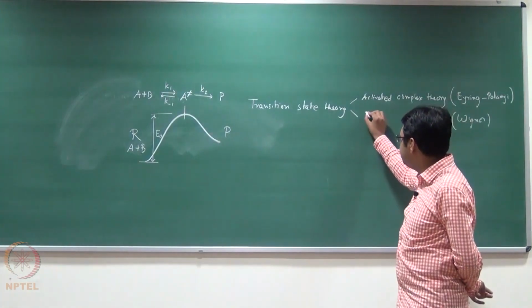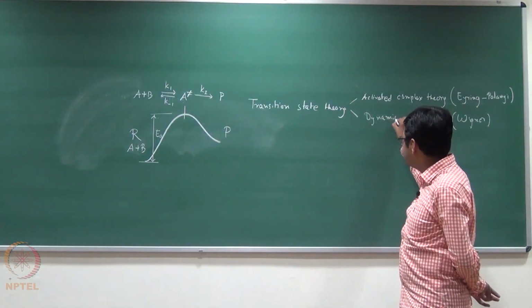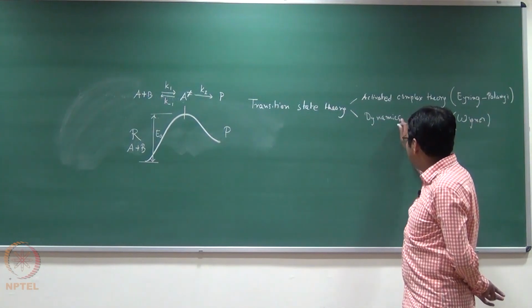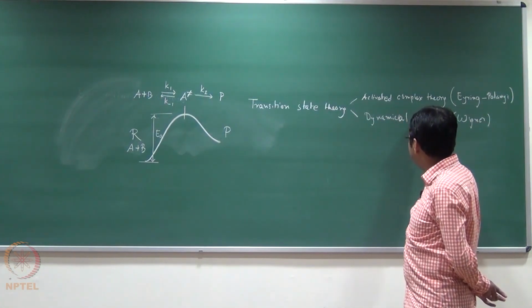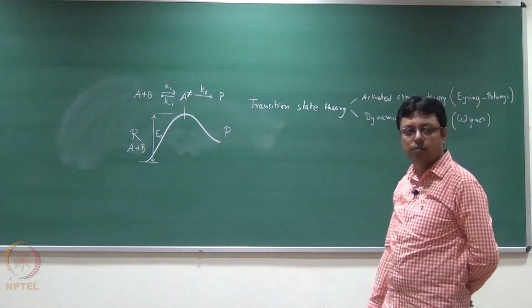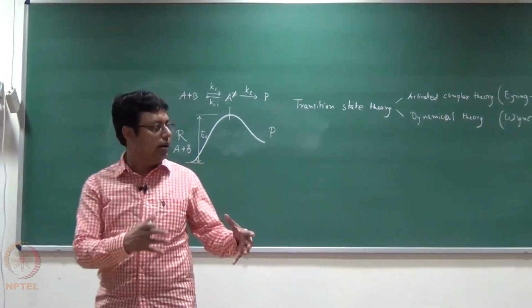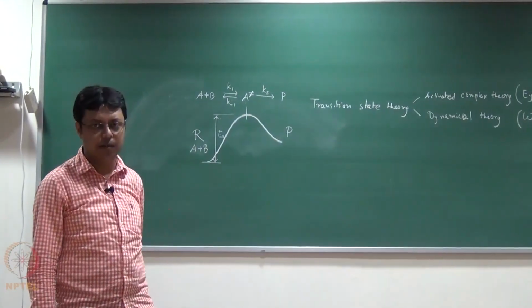Wigner said this is actually a dynamical theory, in the sense that although we are doing statistical mechanics, dynamics is inherent here, and I can solve the classical equation of motion to show that ultimately it reduces to the same activated complex theory.